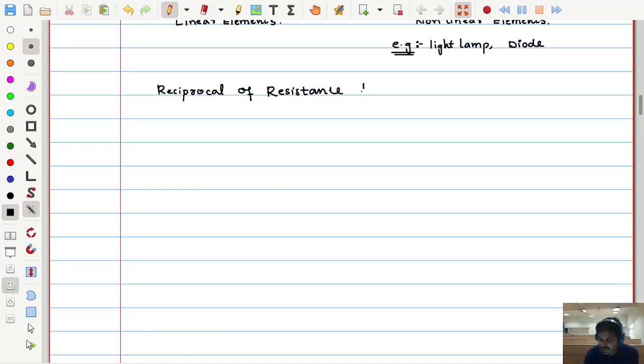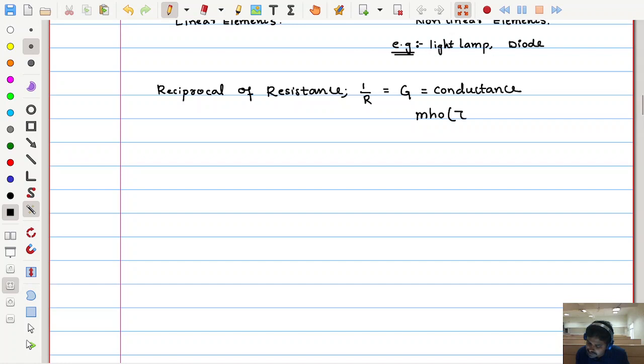That is 1 by R. This 1 by R, the reciprocal of the resistance, is referred to as the conductance. We usually represent it by the letter G. G represents the conductance, and the unit for G is mho.